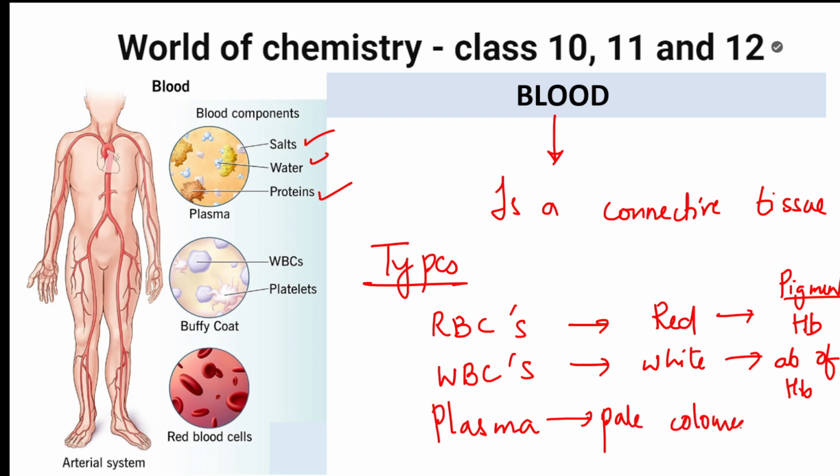It contains water, salts, and also proteins. So plasma forms the matrix of the blood. If they ask you what plasma is, you can write it forms the complete matrix, the structure of blood.